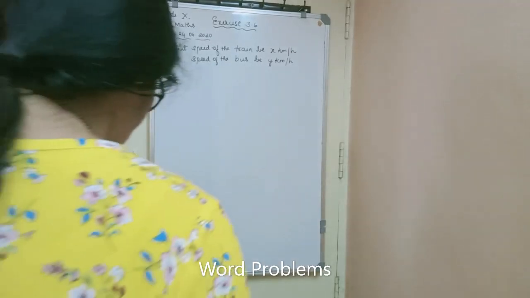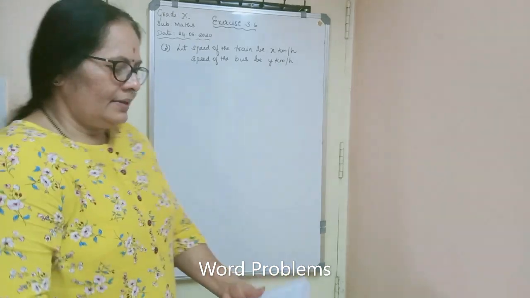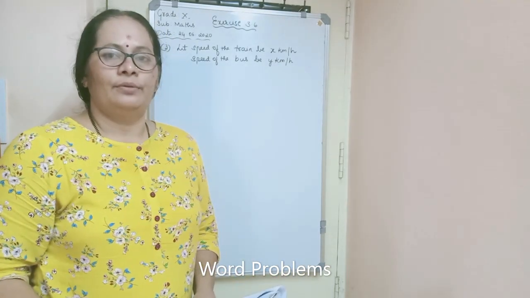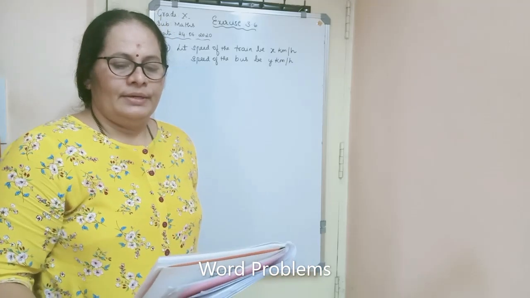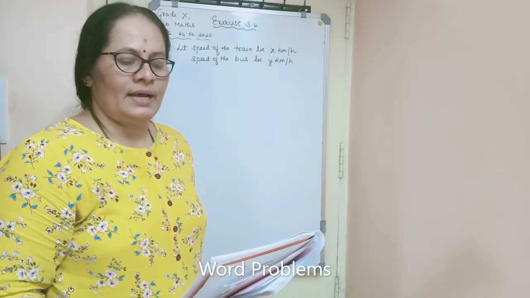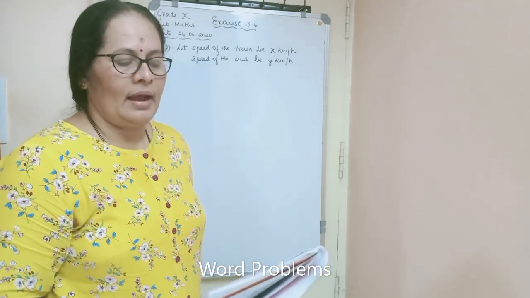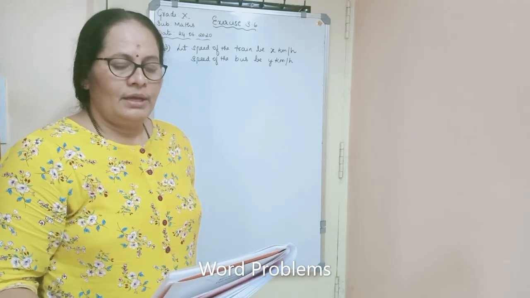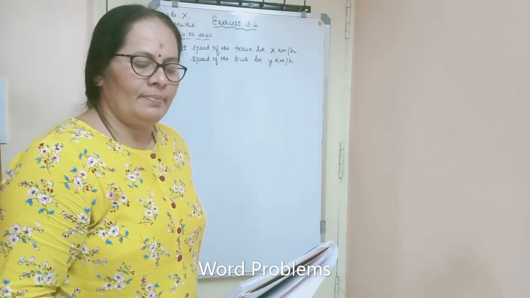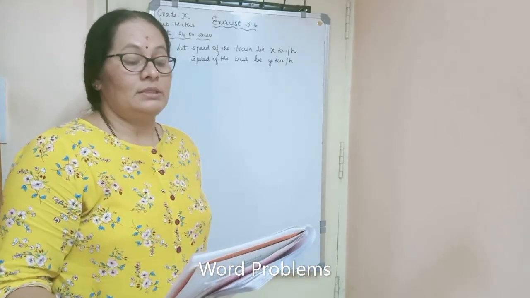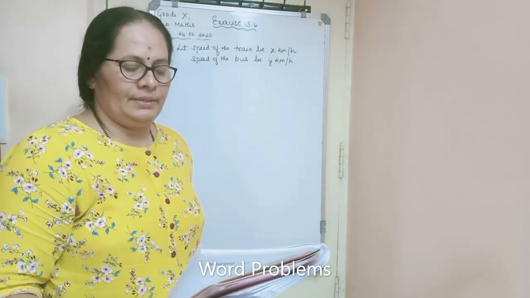Now the last sum is Rohi travels 300 km to her home partly by train and partly by bus. She takes 4 hours if she travels 60 km by train and the remaining by bus. If she travels 100 km by train and the remaining by bus, she takes 10 minutes longer than the previous one.